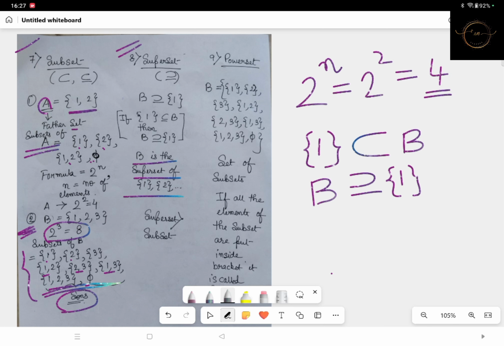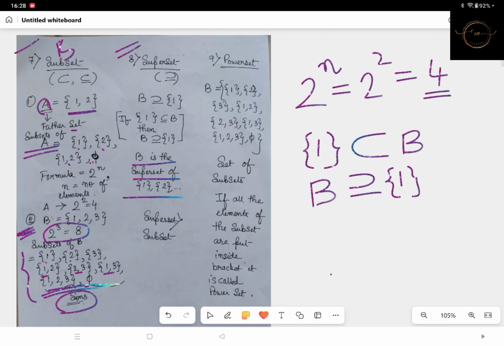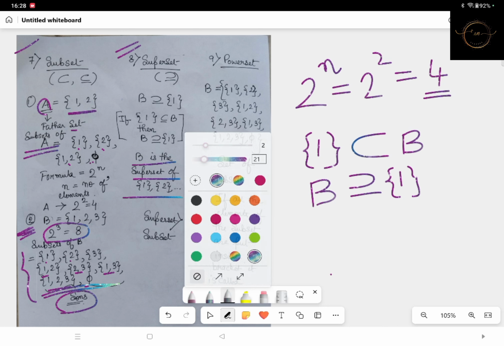So look over here, subset is all about the son. Yes, because we are talking about the sons over here, and superset will be all about the father. Now we know that father is always greater than son. Yes or no?